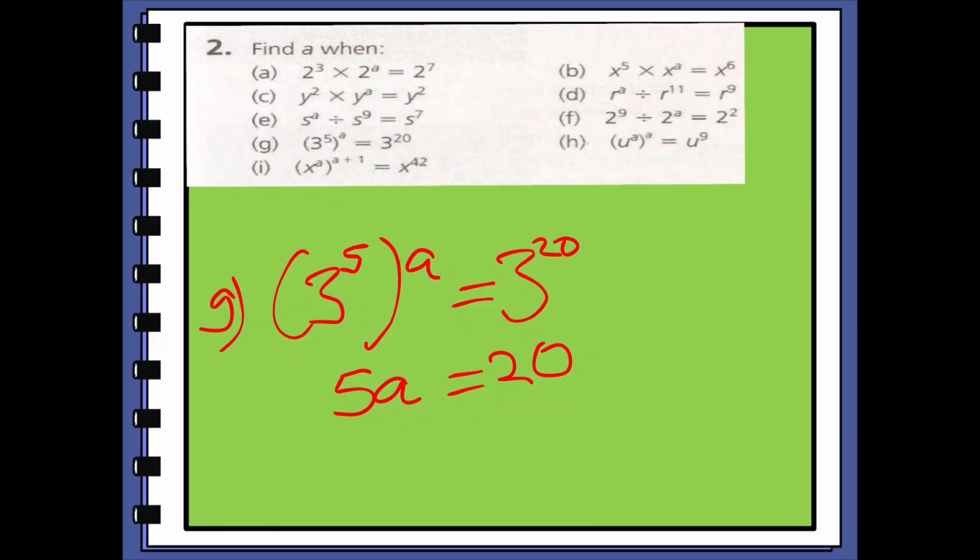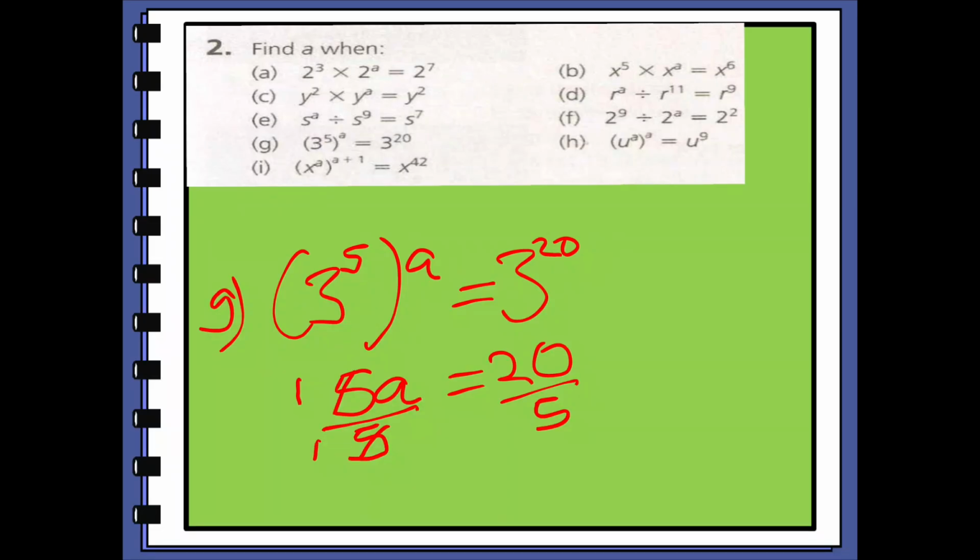So in this case, to find a, we need to find a number that we can divide with, so that we only remain with a. So if we divide by 5 this side, it means we also do the same the other side to balance the equation. So we say 5 into 5 1, 5 into 5 1.